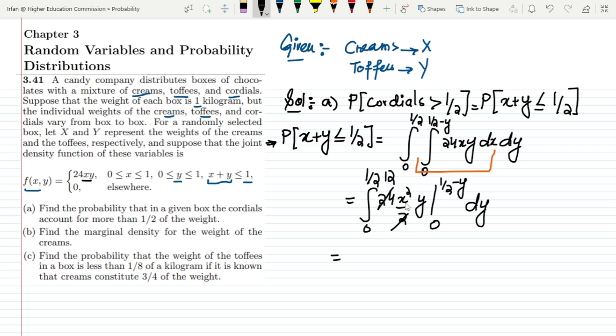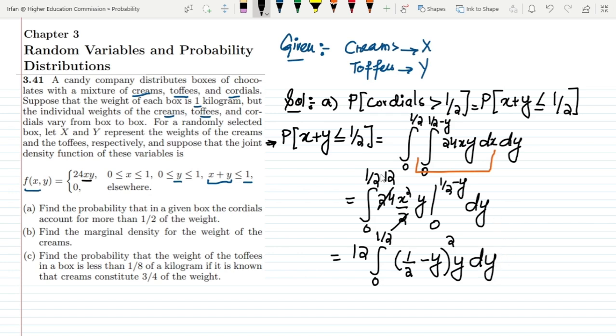Okay, so now it will be 12, and putting these values, I will get 12 outside, and here from 0 to 1 by 2, putting these ranges I will get (1 by 2 minus y) whole square, and also this y here, and then dy.